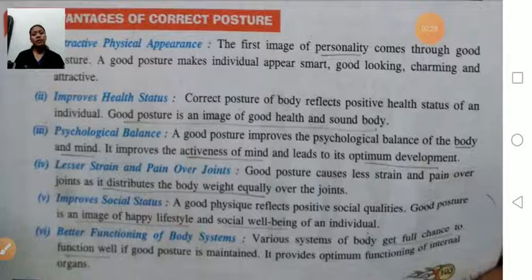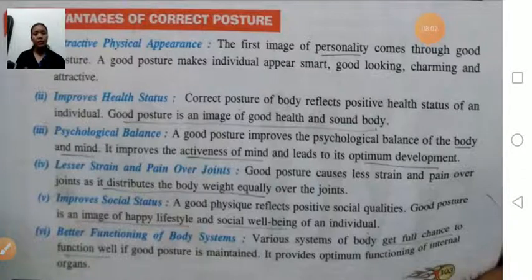If the person has correct posture, it means his image is that he has a happy life. He has social well-being and easily adjusts with society. Better functioning of body systems: correct posture helps in better functioning of our body systems.